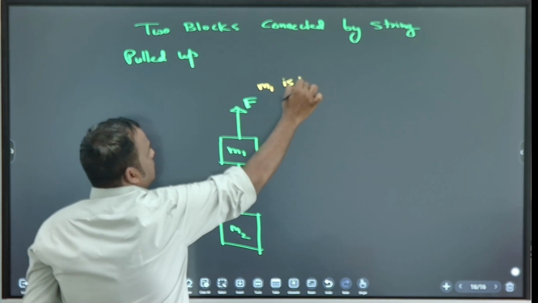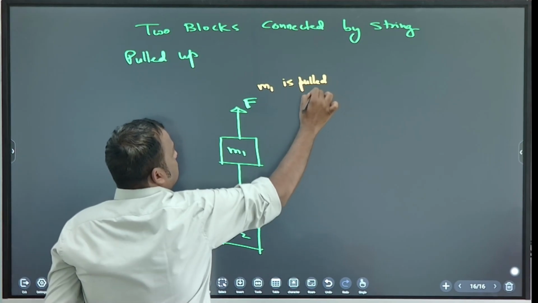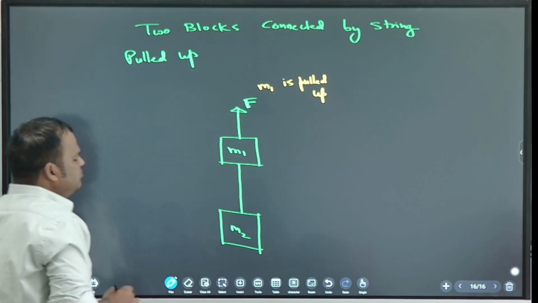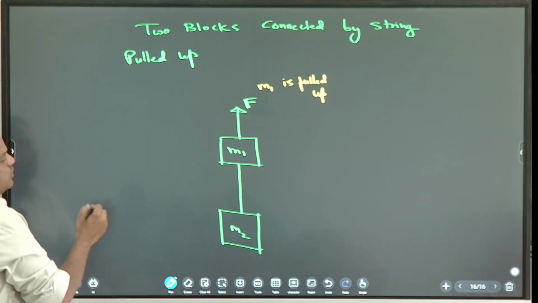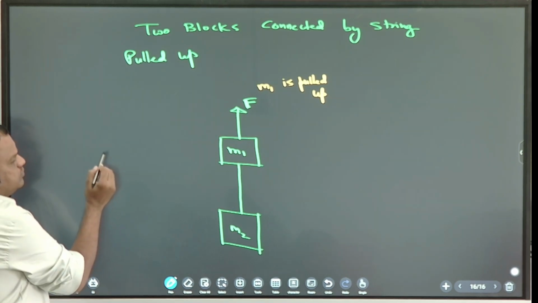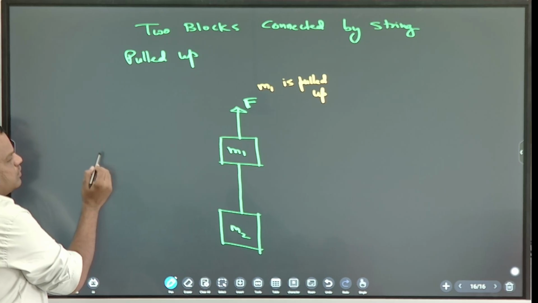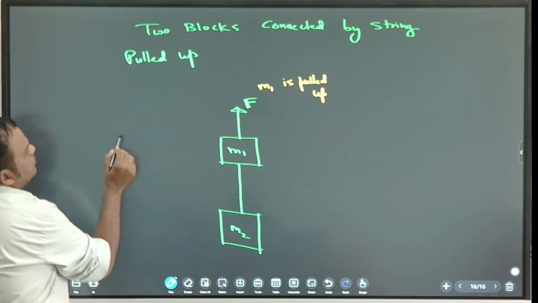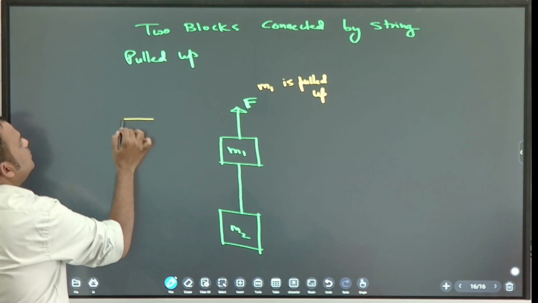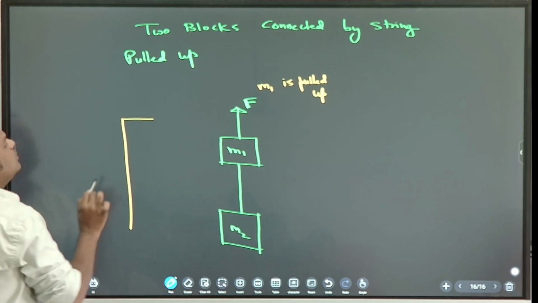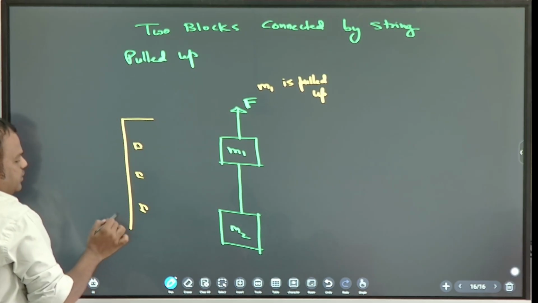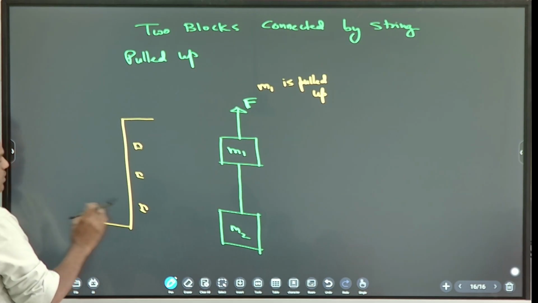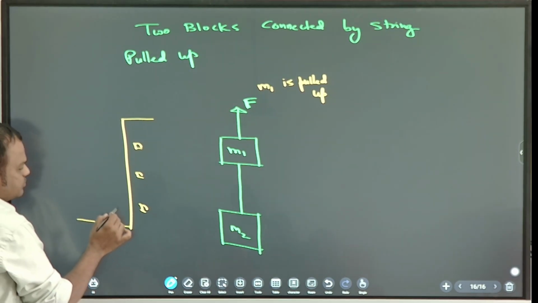M1 is pulled up. So it is like, suppose there is a building and some small kids are there.